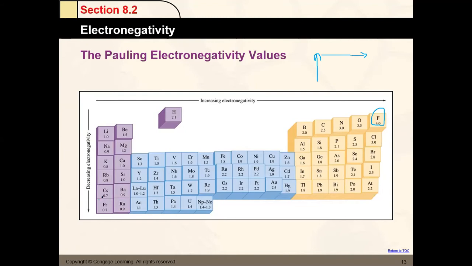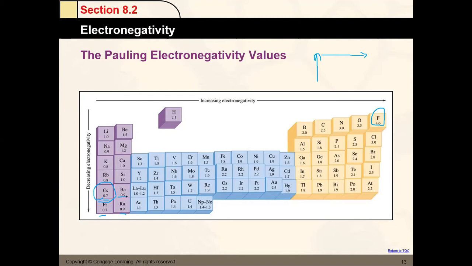Normally we ignore francium because, as I said before in some other lectures, francium is a radioactive element, so we don't really count it. So the natural and stable element on the far left and bottom would be cesium. Cesium is your most stable one. Francium is radioactive. Same thing with radium, which is also an alkaline earth metal, but normally you don't count radium because it is radioactive.